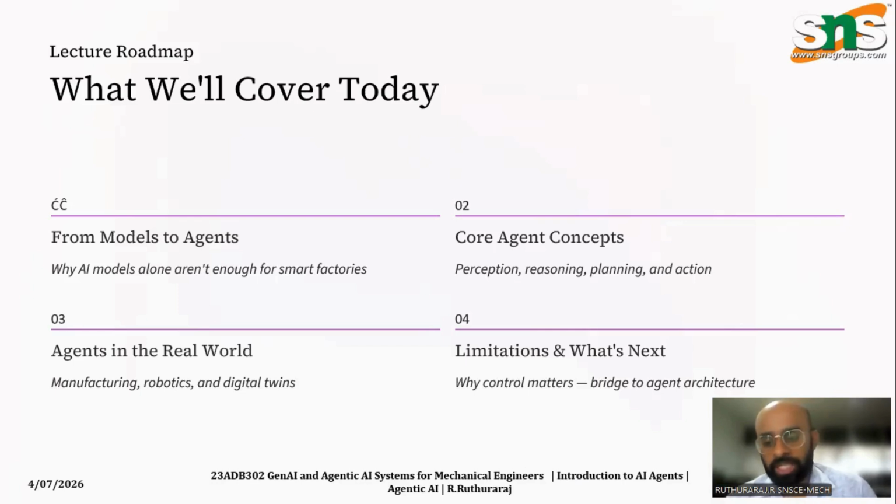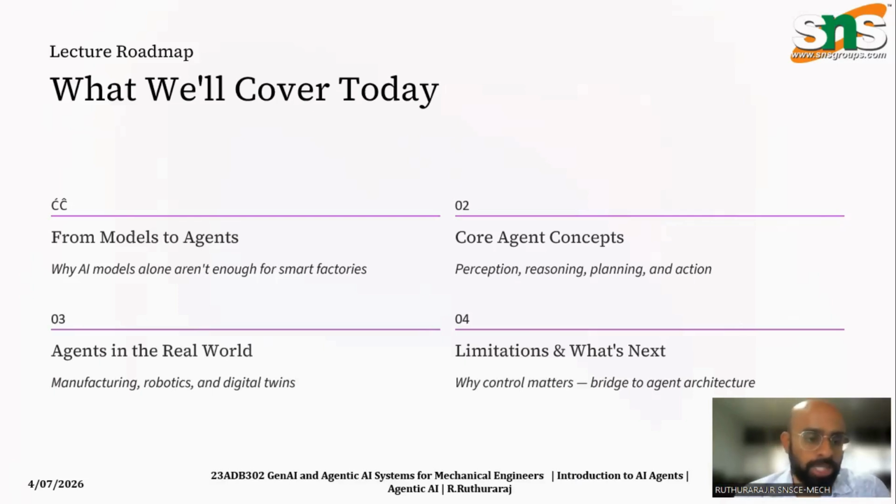In particular, agents are nothing but a system which is able to take decisions on its own. So if an AI is able to take decisions on its own, then it may be called an AI agent. How we move from generative AI to agentic AI, we will see here.